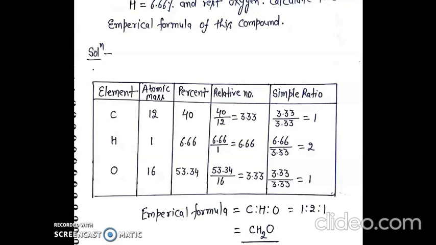The relative number of oxygen can be calculated by the formula: relative number is equal to percentage of the element divided by atomic mass of that element. Here 53.34 is the percentage of oxygen divided by 16, the mass of one oxygen atom.